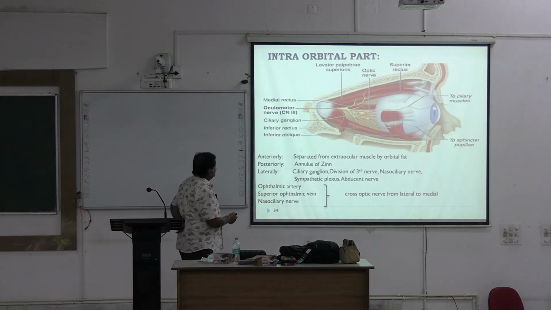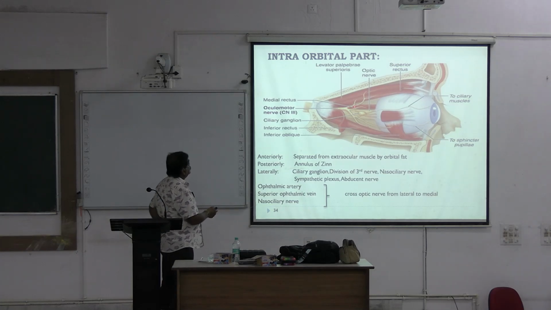This is the medial rectus, oculomotor nerve, nerve 3. Ciliary ganglion, inferior rectus, inferior oblique muscle, sphincter pupillae.